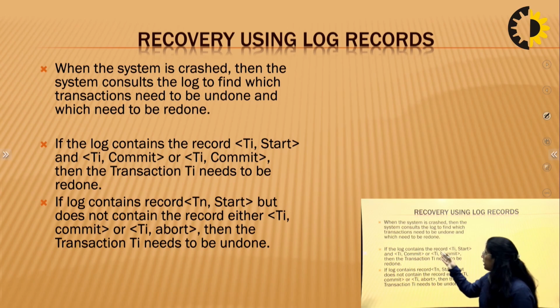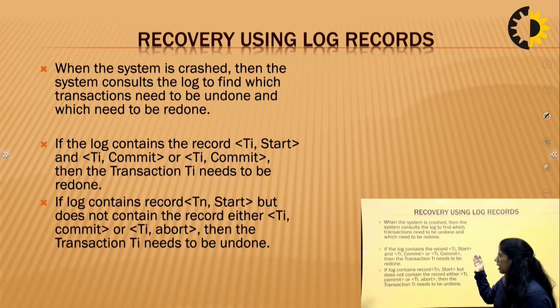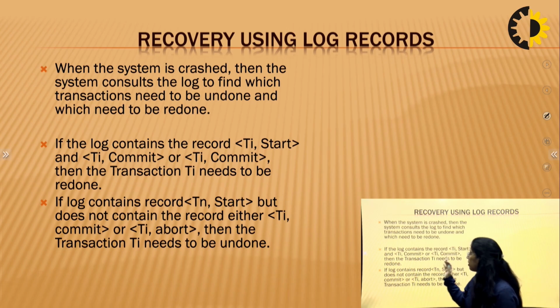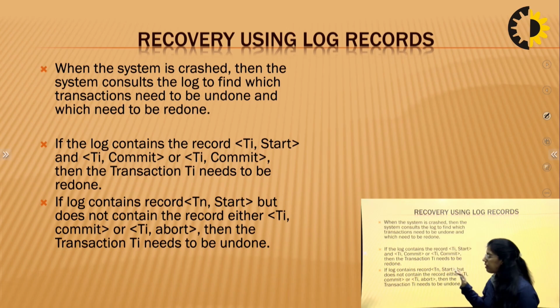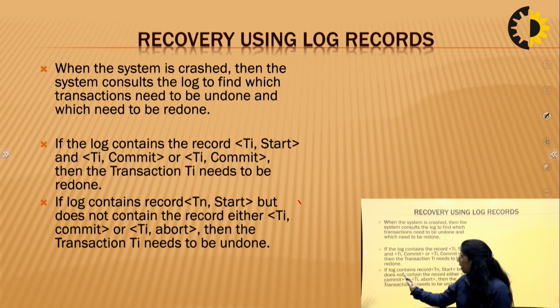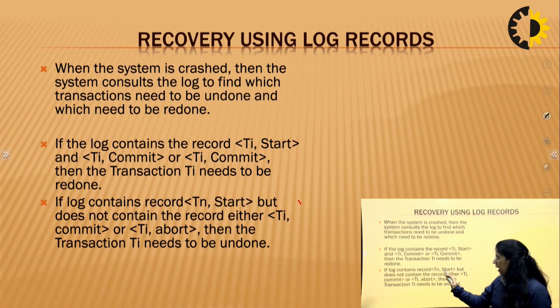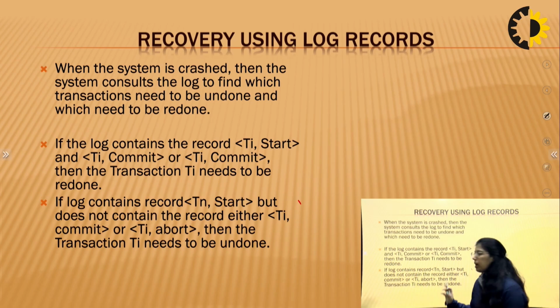If the log contains the record like start and commit, or commit alone, then the transaction T1 needs to be redone. If the log file contains start but there is no commit statement in that particular file, then that transaction needs to be undone.